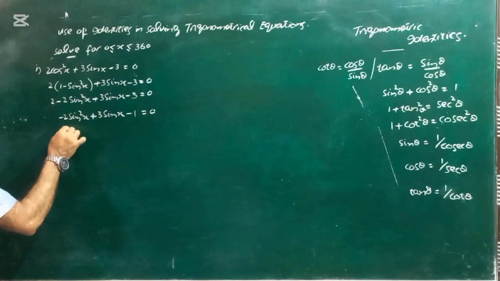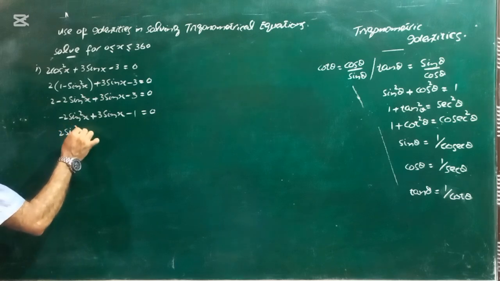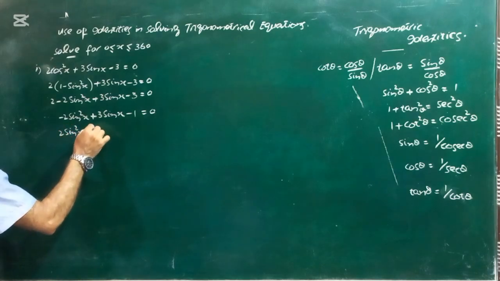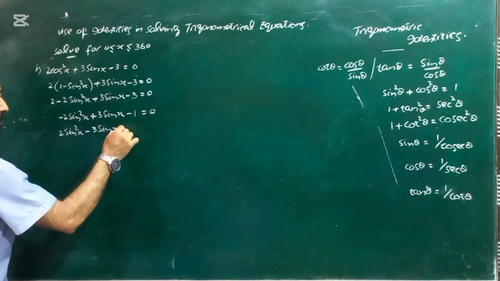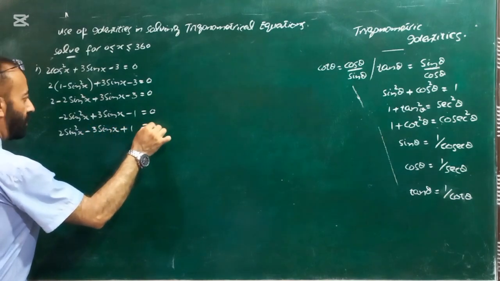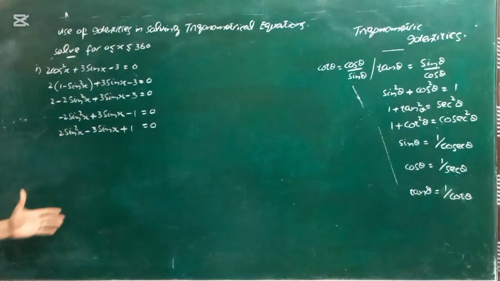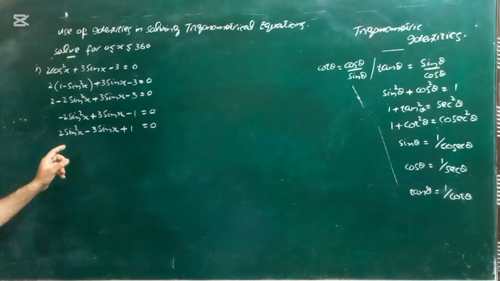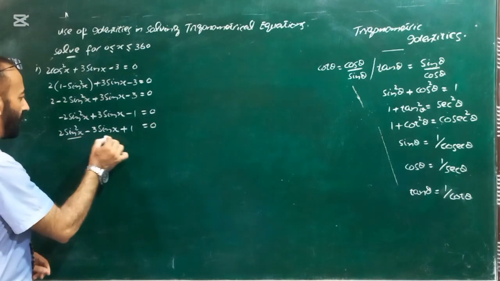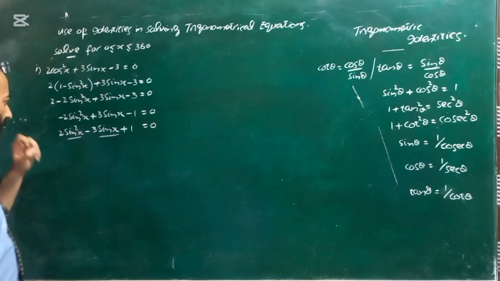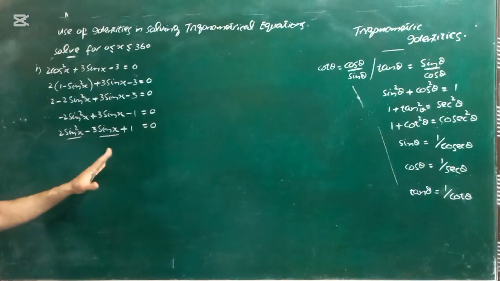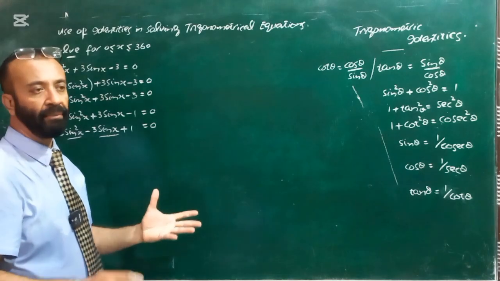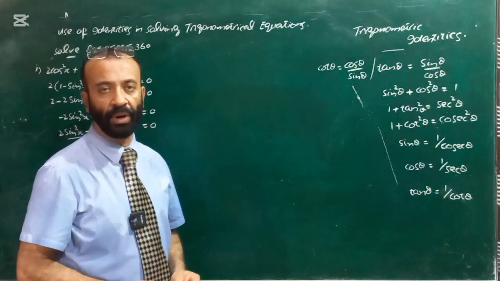It will be 2 sin square x minus 3 sin x plus 1 equal to 0. So it has become a quadratic equation now. Think of this full factor as a x square. Think of this full factor as a x. So actually the equation is 2x square minus 3x plus 1. So we will apply the factorization method or the quadratic formula method.